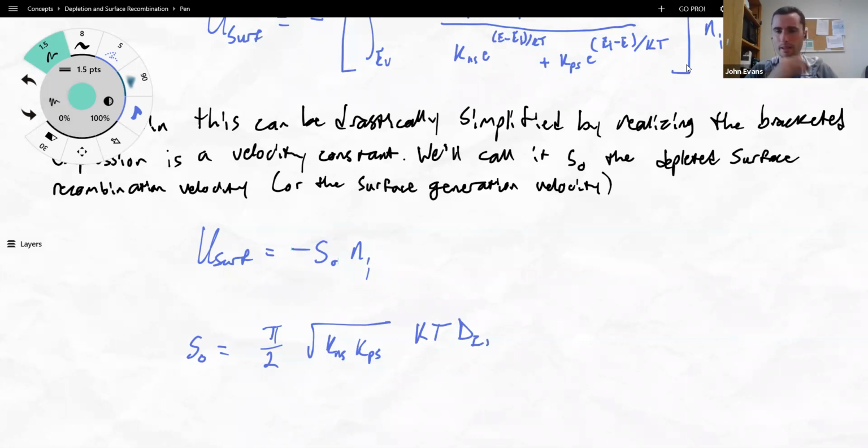But the big takeaway here is that if you've depleted your surface, now you're actually going to get more generation processes, and you're going to solve it by this generation velocity multiplied by the intrinsic carrier concentration, where for a low level injection, you are going to have the recombination rate be basically a function of the recombination velocity for whichever carrier you're using, either holes or electrons, multiplied by the change in minority carrier concentration.